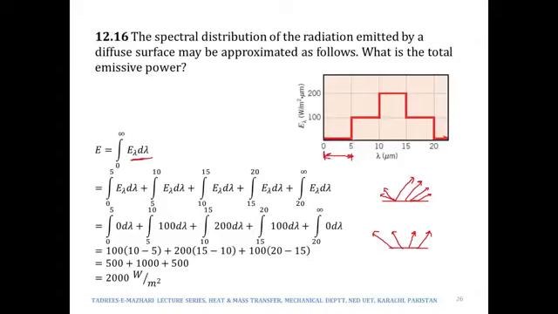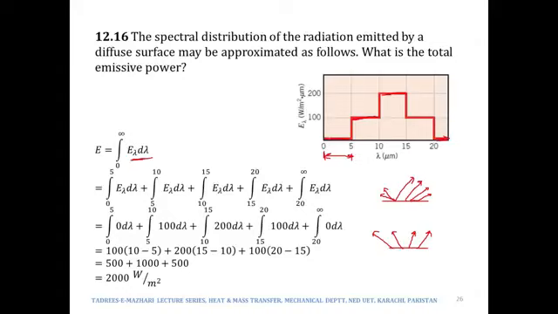In fact, between 5 and 10 its emissive power is 100 watts per square meter per micrometer. Between 10 and 15 micrometers it is emitting the most, 200 watts per square meter per micrometer. Then from 15 to 20 it drops back to 100, and from 20 onwards its emissive power is again 0.